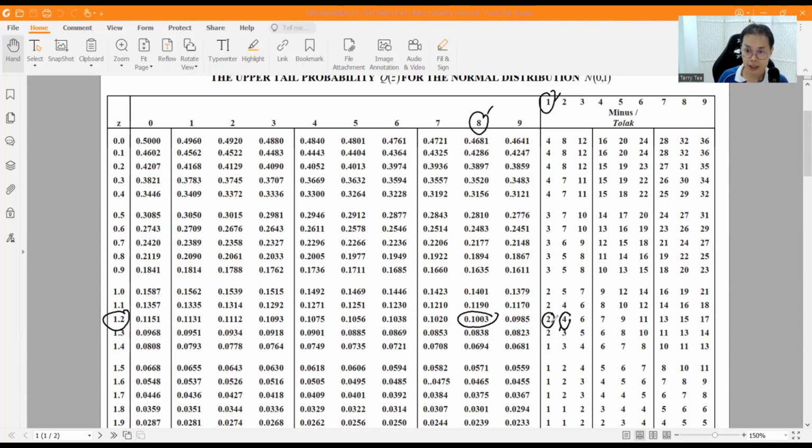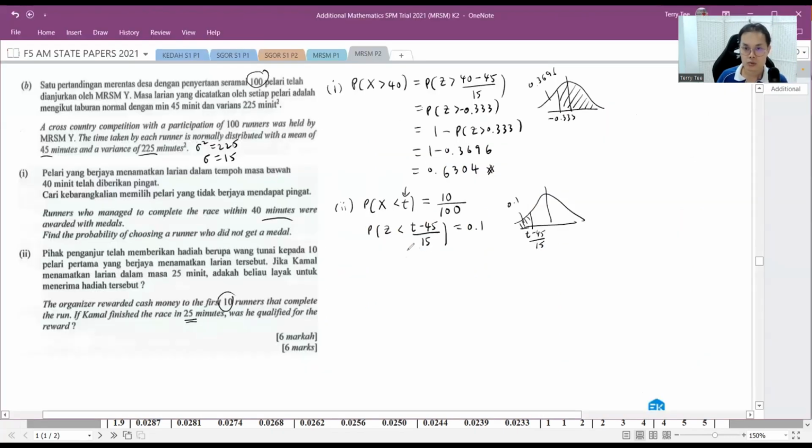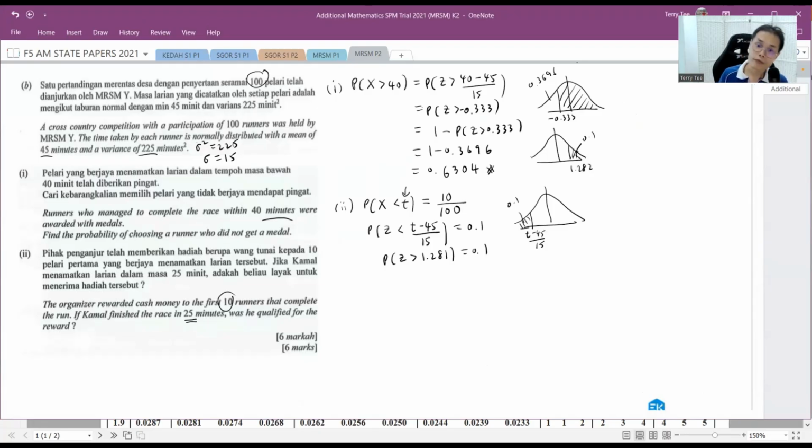Remember, when you subtract from the bottom, you have to add from the top. So it's 1.281. Let's go back to this. I know that when I read z more than 1.281, I get 0.1. But this is z more than, and more than means this side. 1.281. But this is on the left. So we can flip it over.